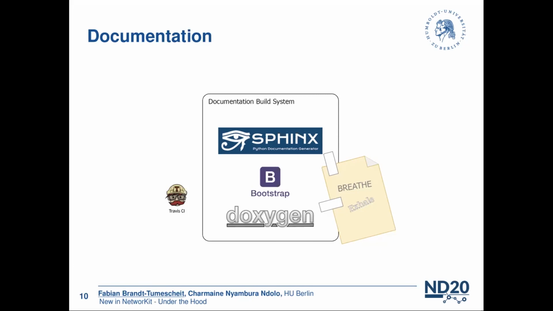Breathe is relatively well known. It connects Doxygen and Sphinx, but you have to manually write everything from scratch, which for a large code base like NetworKit is not feasible. And Exhale more or less automates this process. So in all, with small changes to the underlying build system, we could create a unified documentation, let's say.